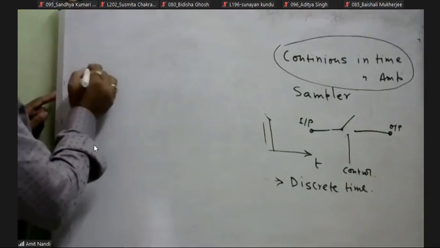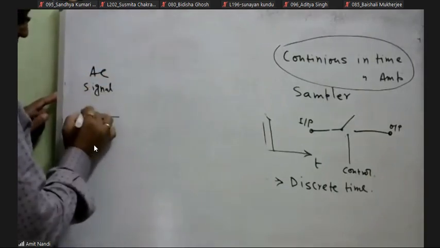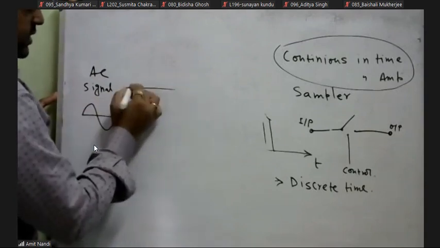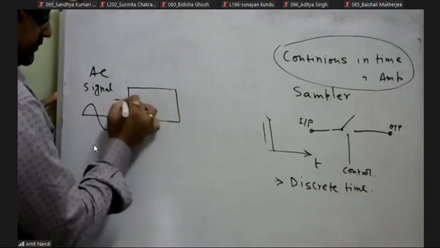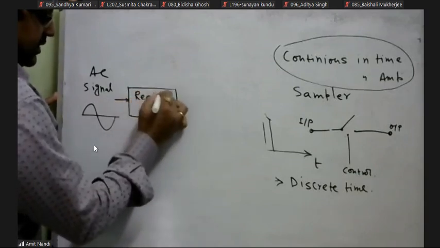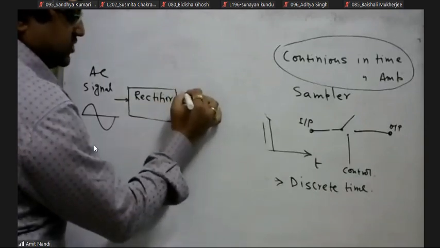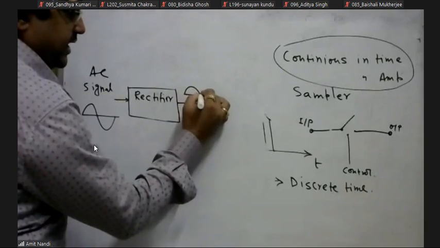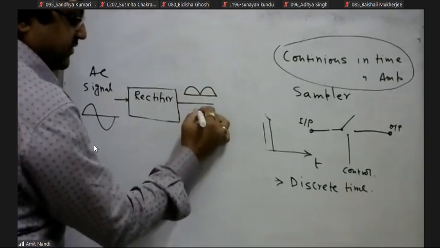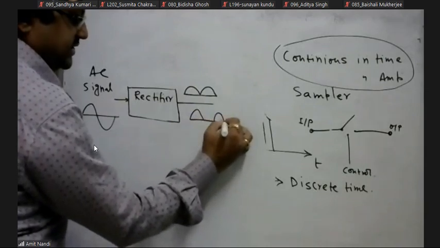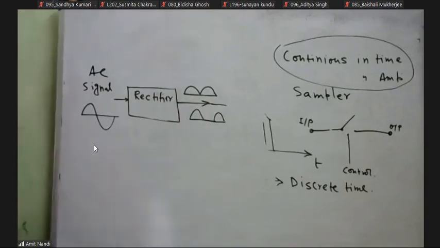If we provide an AC signal like this to a rectifier circuit, the rectifier provides a pulsating DC signal, not a pure DC signal. This can be a full wave rectifier or a half wave rectifier. We get this type of waveform, and after rectification we get this type of waveform.